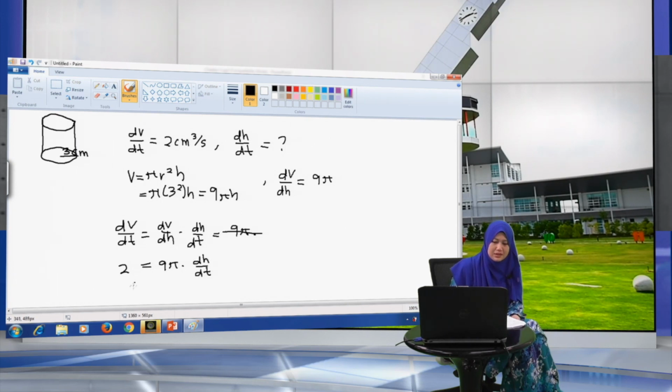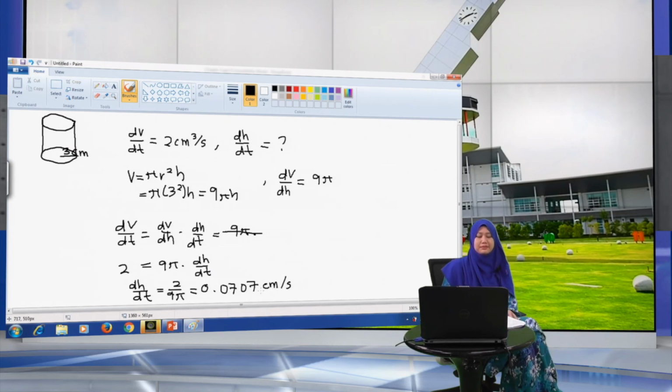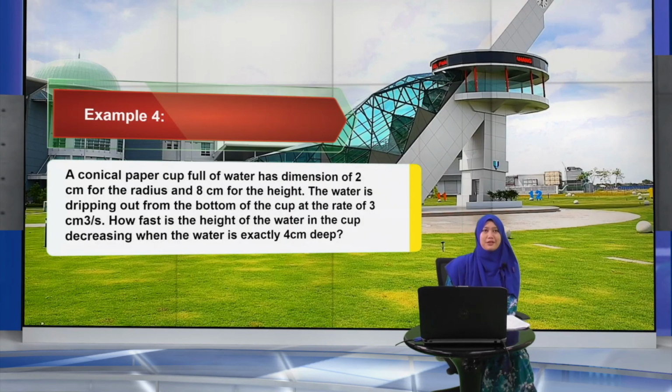So now dh/dt equals 2 over 9 pi, which is equal to 0.0707 centimeter per second.